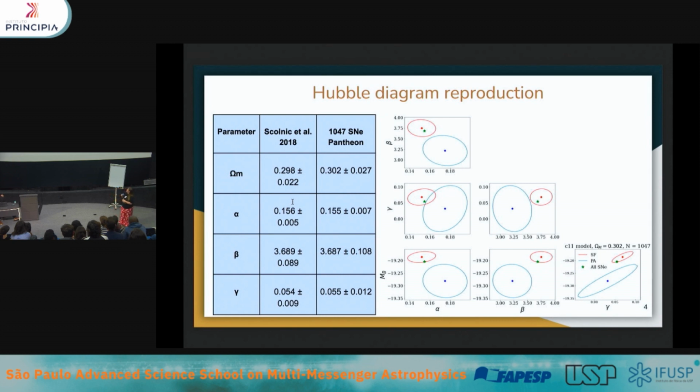Next, we explored the influence on two subsamples of supernovae. The blue ones are supernovae in early type galaxies. The red color represents supernovae in late type galaxies. Also, there are the green stars, and they represent pretty much the full sample results.